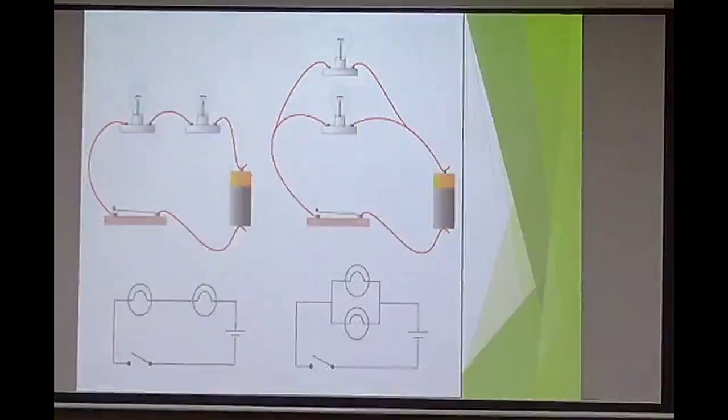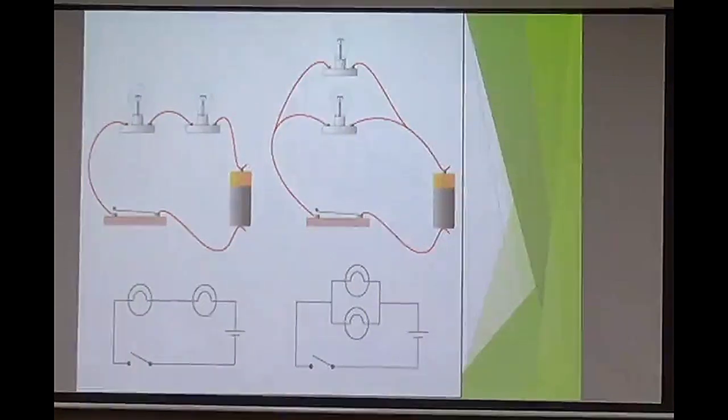And therefore, parallel combination is preferred over series combination. In parallel, if you switch off one device, the other can work easily. But in series, if you switch off lamp 1, lamp 2 will also not work. And therefore, series combination is not preferred and parallel is preferred.